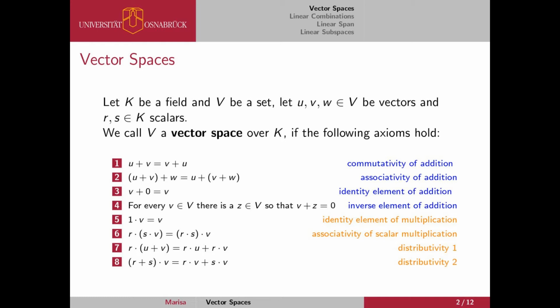The last 2 axioms that need to hold for V to be a vector space are regarding the distributivity of scalar multiplication. And the first one is about the distributivity of scalar multiplication with respect to vector addition, and the second one is for the distributivity of the scalar multiplication with respect to field addition. But let's start with the first one, which is axiom 7 here, which was about the distributivity of scalar multiplication with respect to the vector addition.